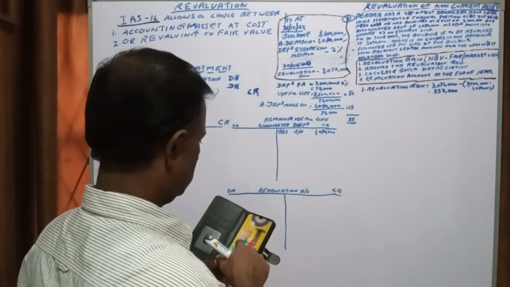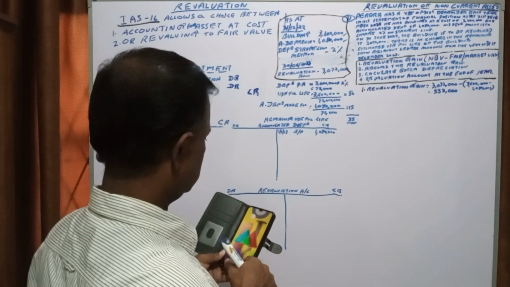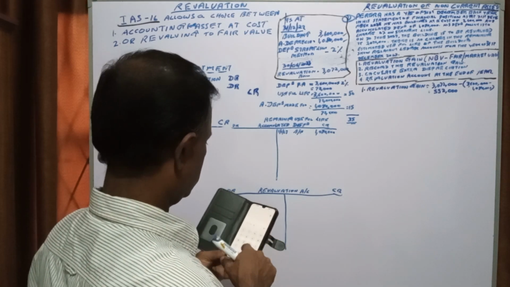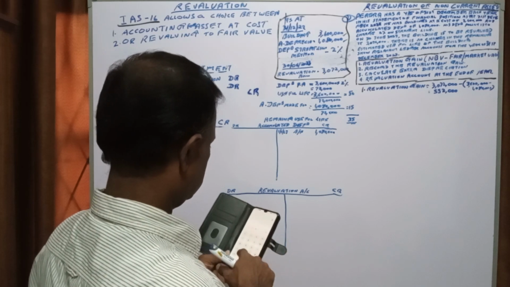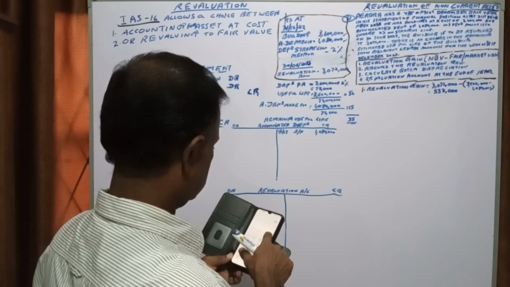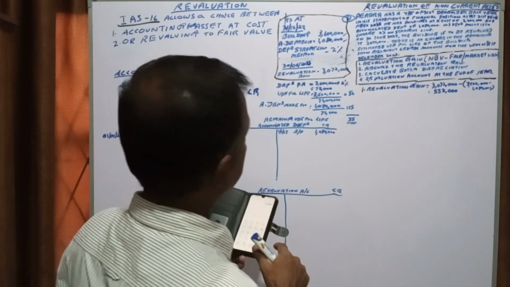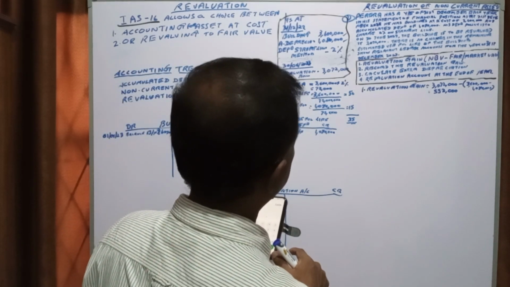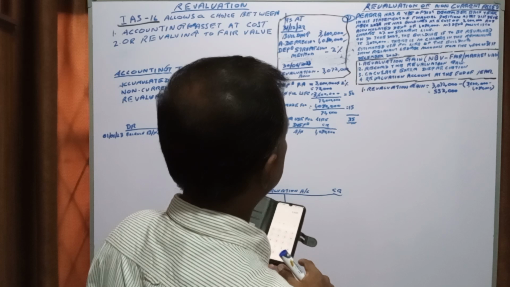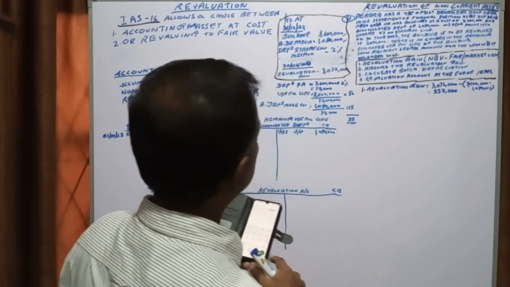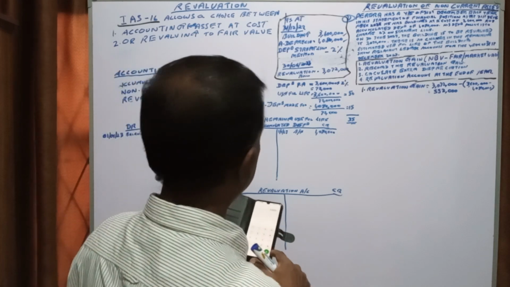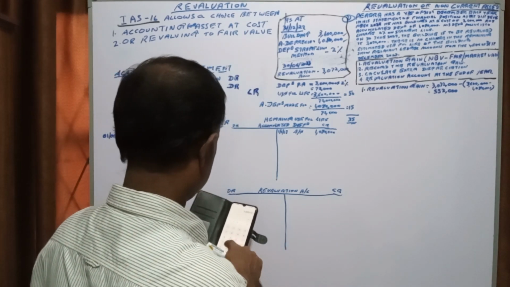Then by how much is it decreased? From 3,600,000 it has decreased to 3,072,000.